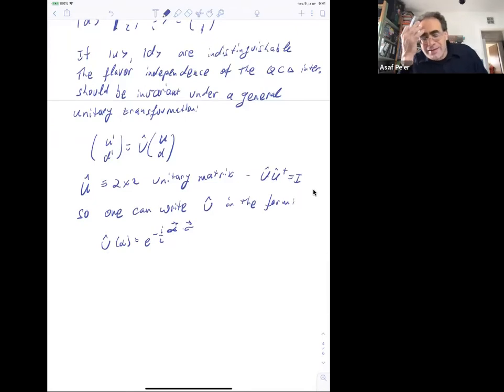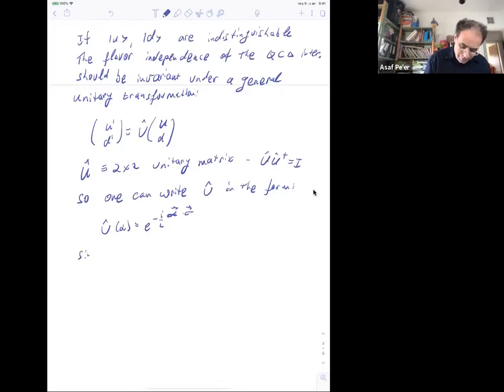So it's a structure similar to the spin, where I have rotation in the isospin space. I write it in terms of the Pauli spin matrices, right? I would say that these Pauli spin matrices are the generators of the SU(2) symmetry group. Similar to the spin, identical.